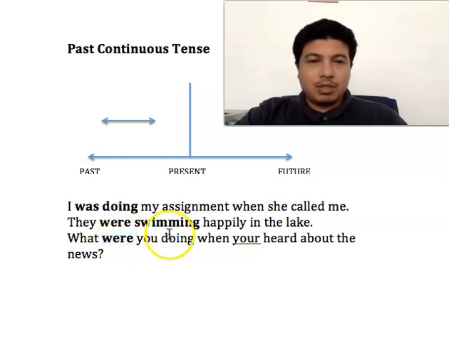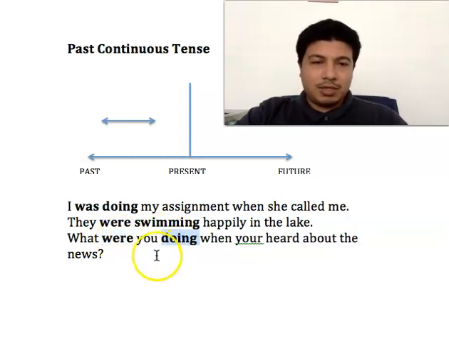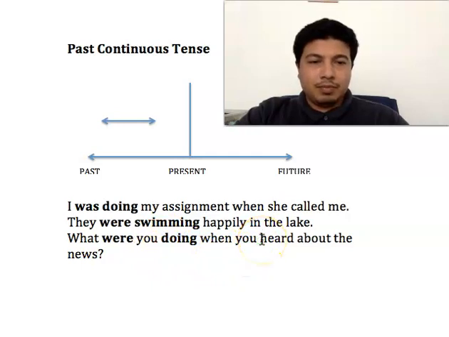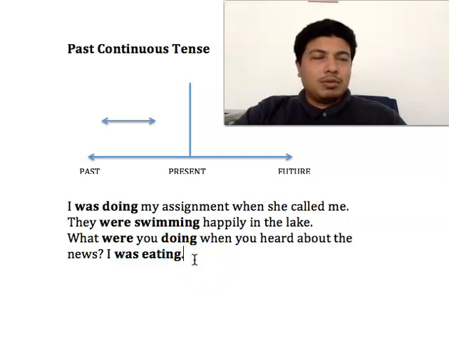So this is past continuous tense. The answer could be I was eating. So this is also past continuous tense. You can also use simple past tense. It is correct, but the focus would be different.